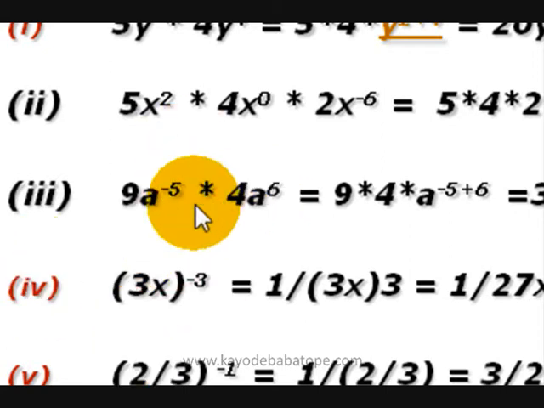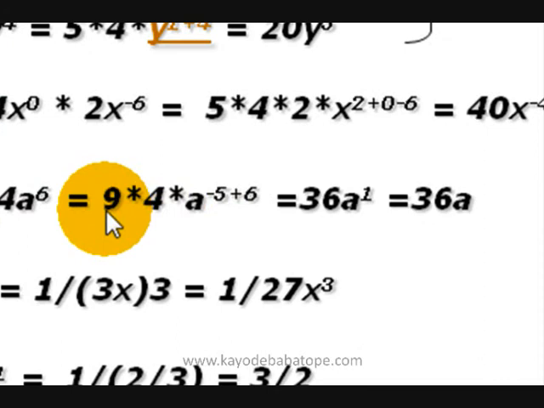All right, so you are going to have a raised to power minus 5 times a raised to power 6 will be equal to a raised to power minus 5 plus 6. So that gives you 36a raised to power 1, which equals 36a.